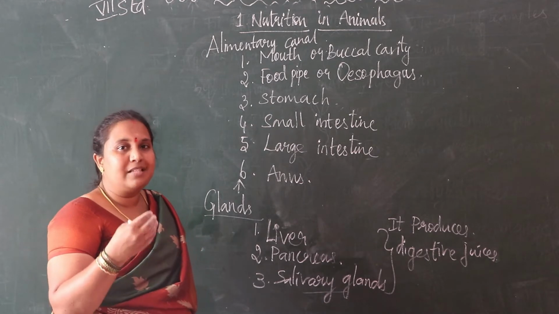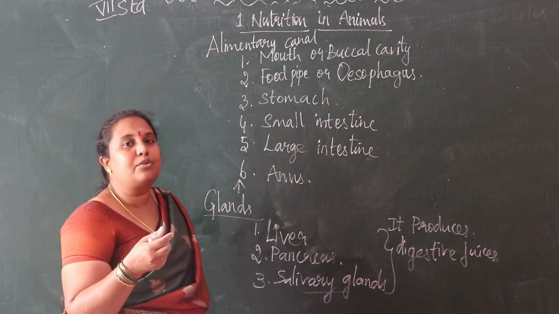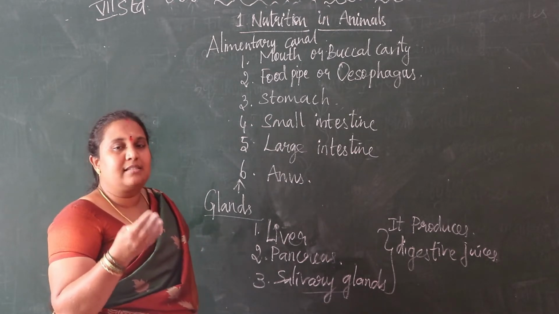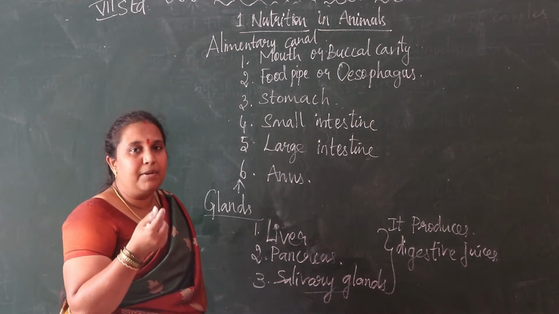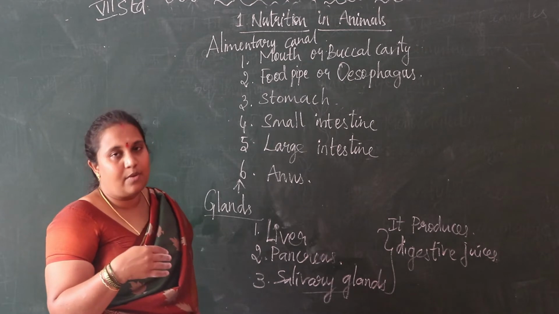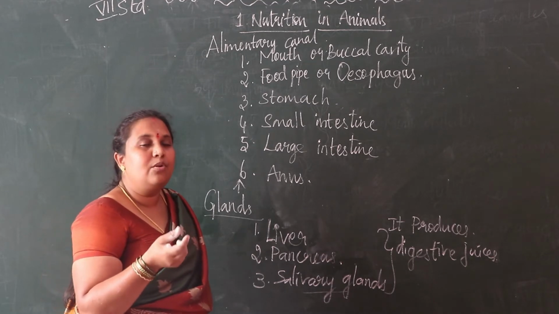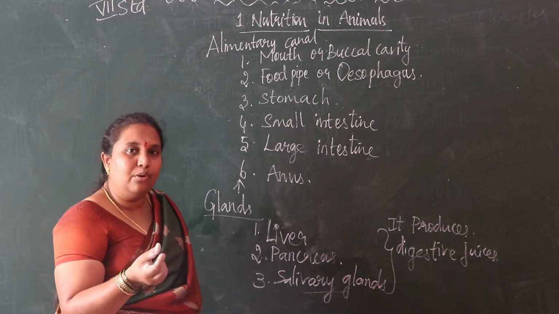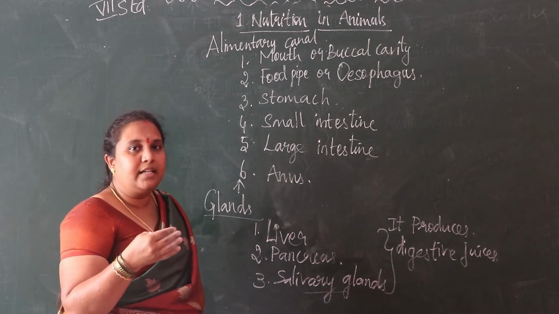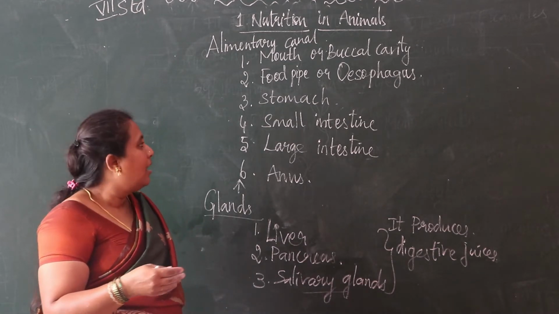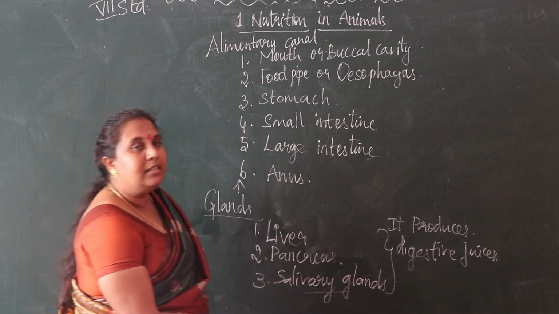The saliva is used to break down starch. After that, the small simpler particles are swallowed by us. So saliva is used to make the complex substances which we eat into simpler substances. Understood?